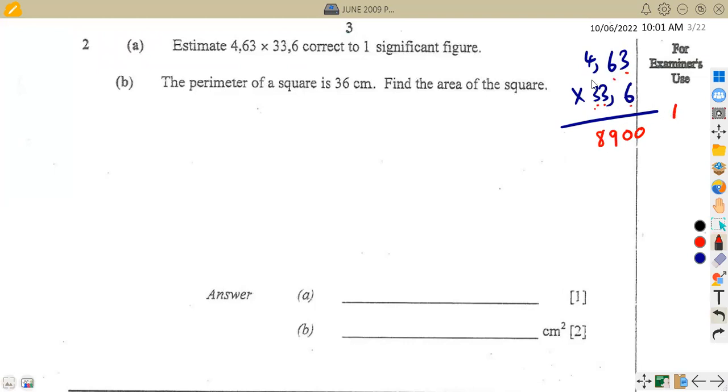Got a remainder of 1, 3 times 4, which is 12 plus 1, which is 13. Then 3 times 3, which is 9 again. By 6, which is 18, a remainder of 1, 3 times 4, which is 12 plus 1, which is 13. Then we're done, we move on to 6, 6 times 3, that is 18, a remainder of 1 here, 6 times 6, that's 36 plus 1, which is 37. 6 times 4, that's 24 plus 3, which is 27.